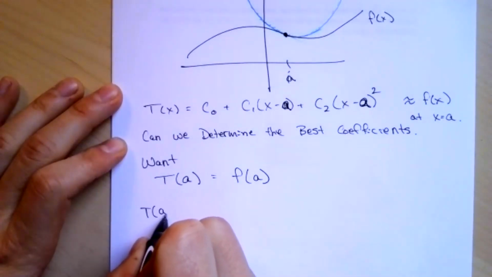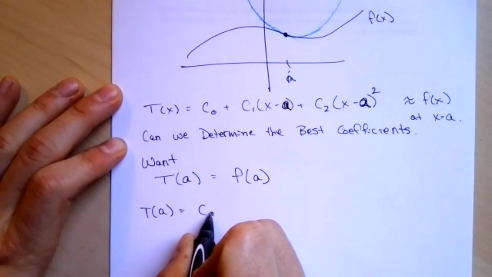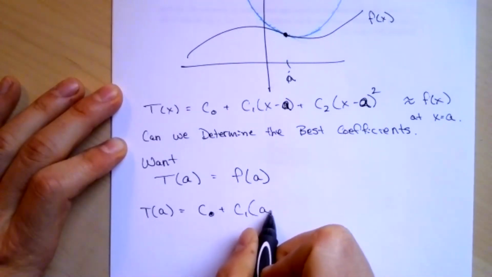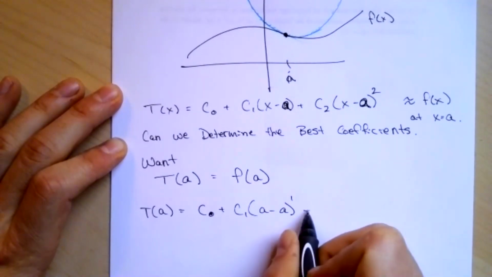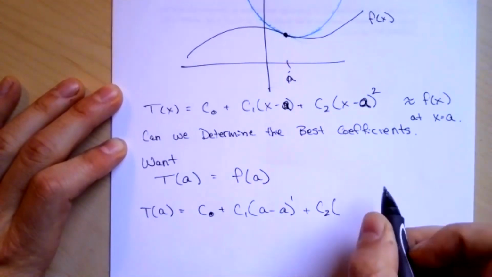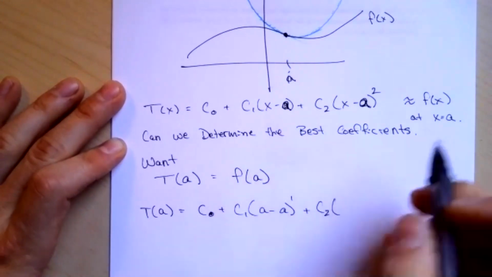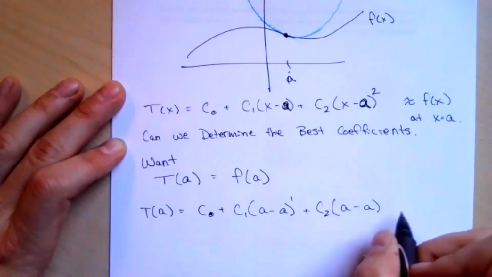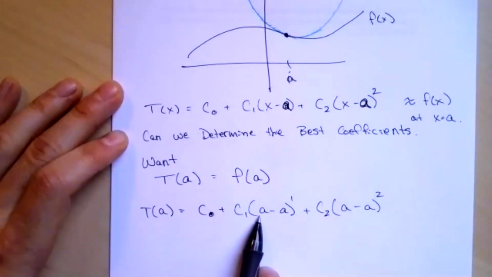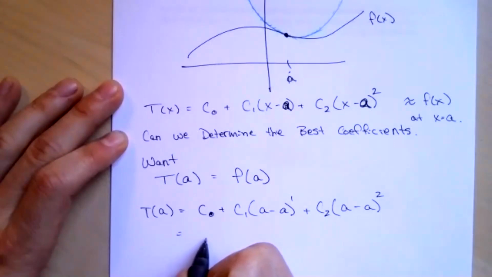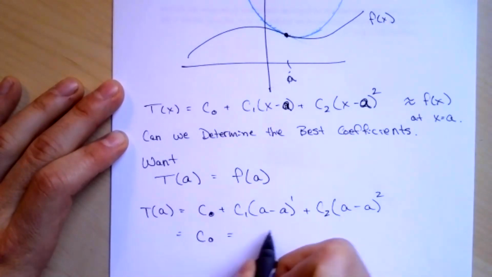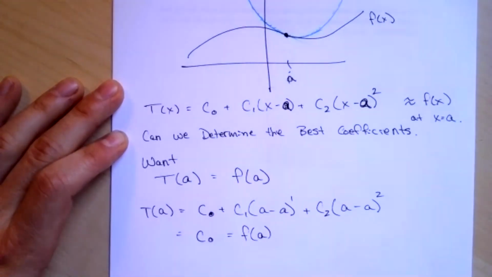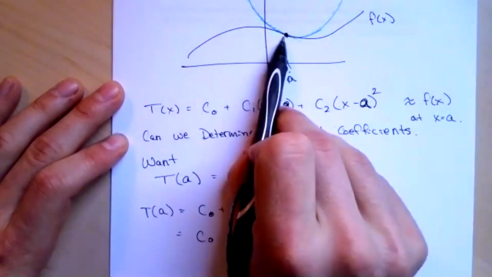Well, t of a, as we just mentioned, when I plug in a in the x, we see the nice thing about writing a generic polynomial in such a way is that it is centered at a, meaning that all of the terms are going to vanish, and we are just left with that initial constant. And that initial constant has to be the value of the function at a. Okay, so our parabola matches the function.